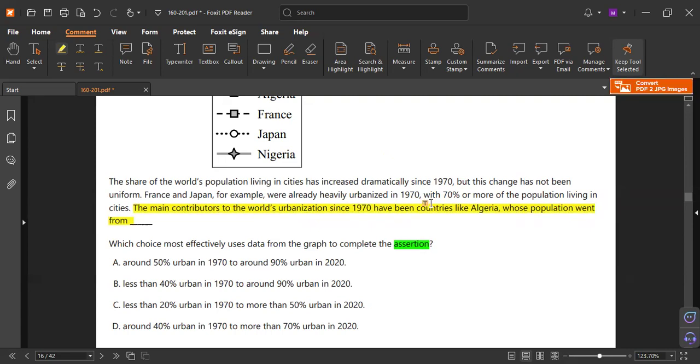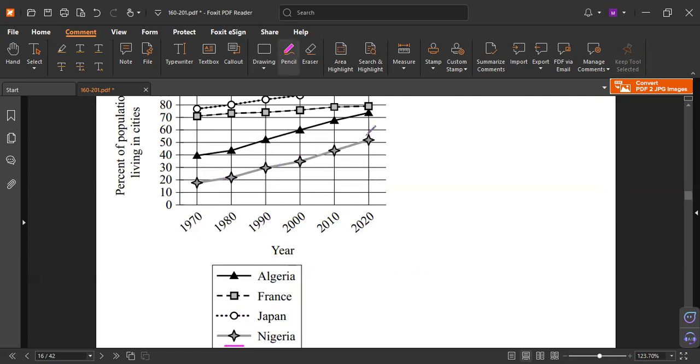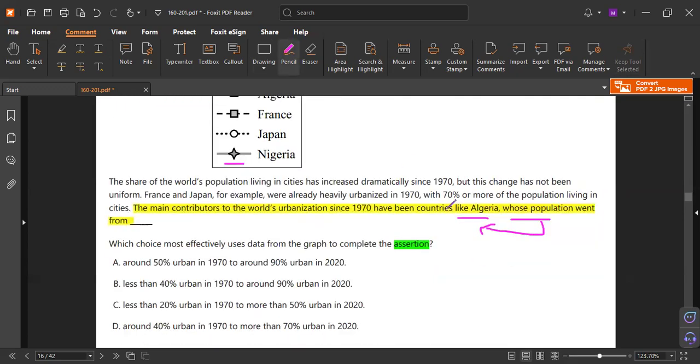Yeah, let me help you. Here he said in the last one, examples about Algeria, like Algeria, whose population? So we need information about Algeria only. So we should focus on this sign. Now what is your answer?